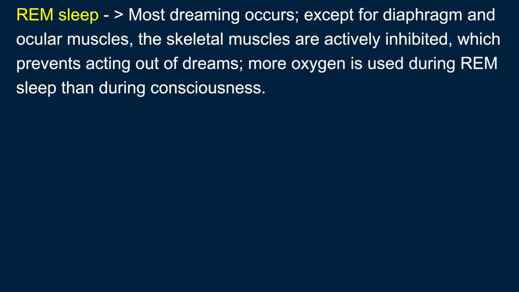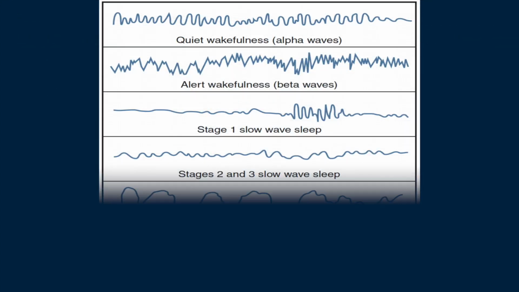In rapid eye movement sleep, most dreaming occurs. Except for diaphragm and ocular muscles, the skeletal muscles are actively inhibited, which prevents acting out of dreams. More oxygen is used during REM sleep than during consciousness.